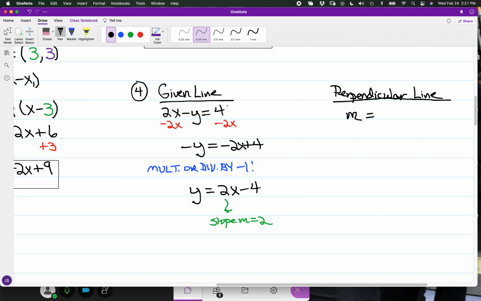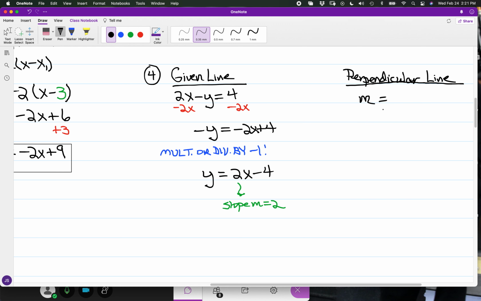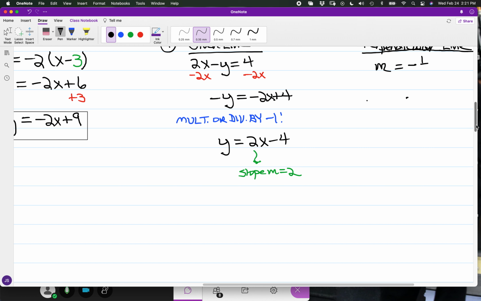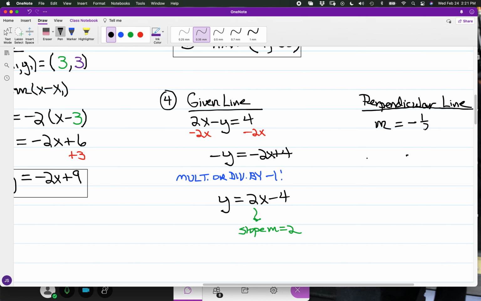So for the given line, we had the slope at 2, but now for the opposite sign reciprocal of 2, you're going from a positive to a negative, and think of 2 as 2 over 1, and taking the reciprocal with 1/2. So the slope of the perpendicular line is going to be minus 1/2.